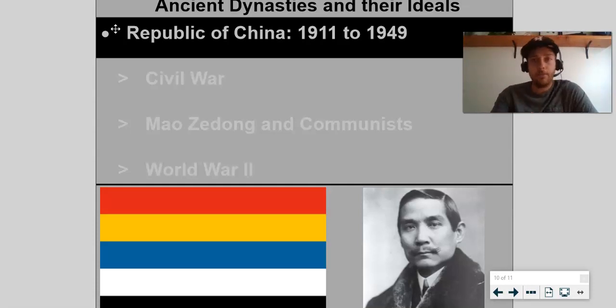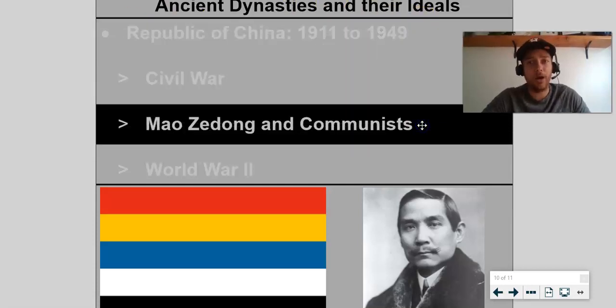And then they drive the Japanese out, and then they have to finish their civil war from 1945 to 1949, and then the communists take over, and boy, are they going to use legalism. Right? They're not going to call it that. They're going to call it communism. And they're going to do things differently. But Mao Zedong and the communists, when they come in, are going to create an ultra-powerful centralized government where men are more important than women and where elders are very respected in society and the old outweigh the power of the young.